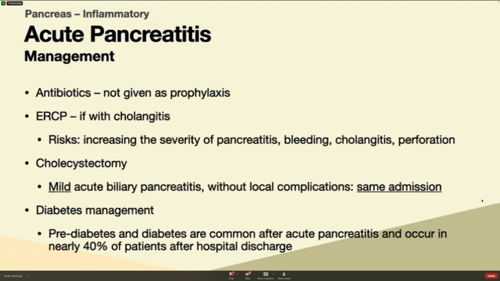With regards to cholecystectomy for biliary pancreatitis, this can be done on the same admission if the patient has mild pancreatitis, meaning the patient has no local complications and no organ failure. If the patient has peripancreatic collections, it is better to wait for these peripancreatic collections to resolve or to wait more than 6 weeks before performing the cholecystectomy.